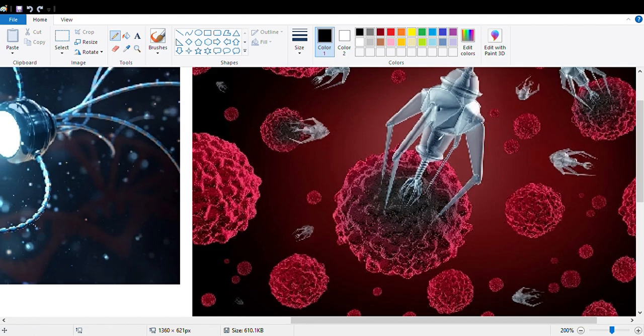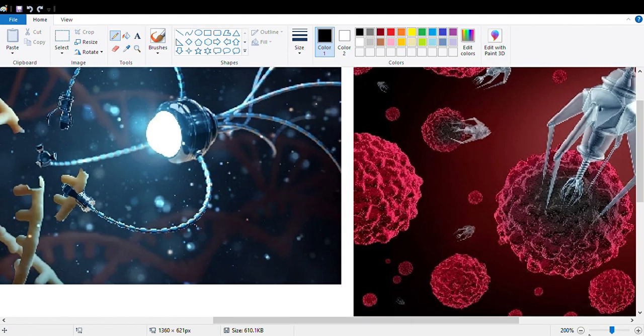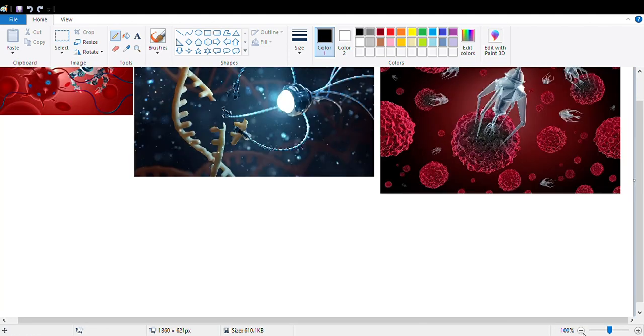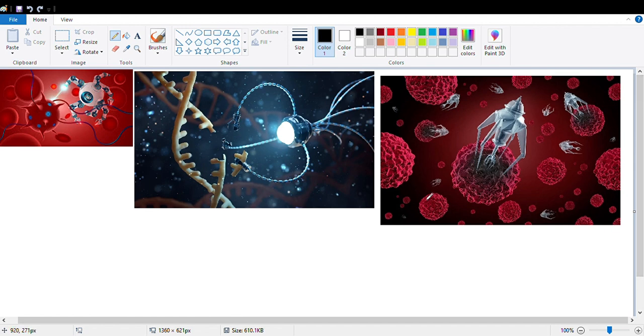They can be used in our body, or on nanoscales where we cannot reach or work properly. These robots will reach that site and work for us. So this was the basic knowledge of nanorobotics.